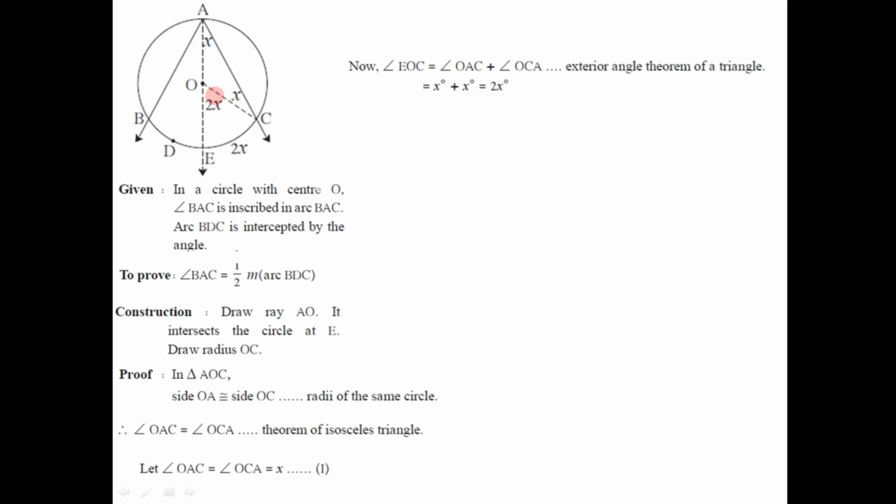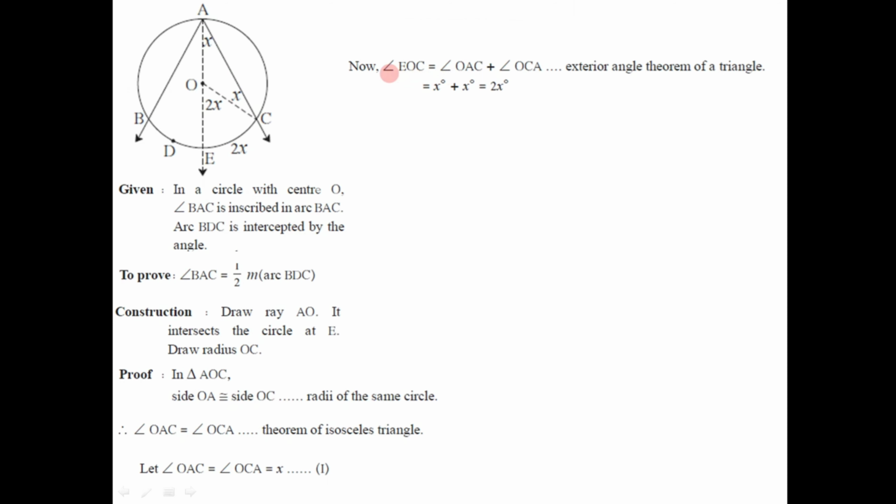Now if we consider angle EOC, this is the exterior angle of triangle AOC. And by the exterior angle theorem we know that the measure of an exterior angle is equal to the sum of its remote interior angles, meaning angle EOC is equal to the measure of angle OAC plus angle OCA, as these two are the remote interior angles of angle EOC.